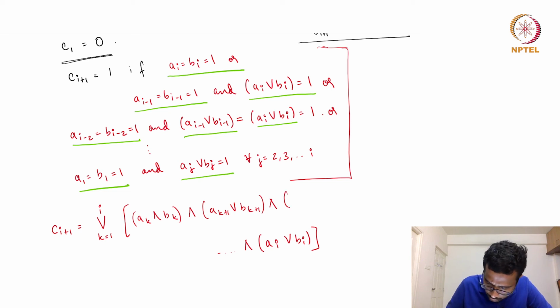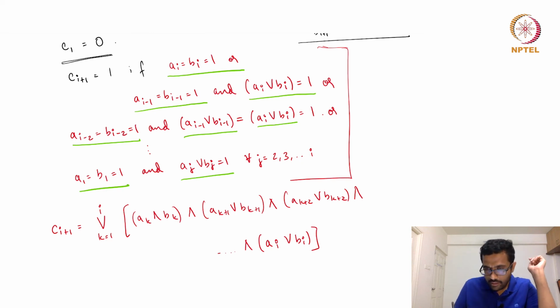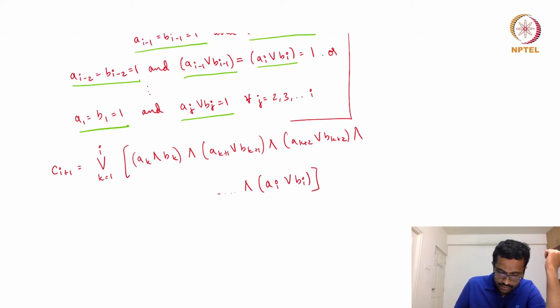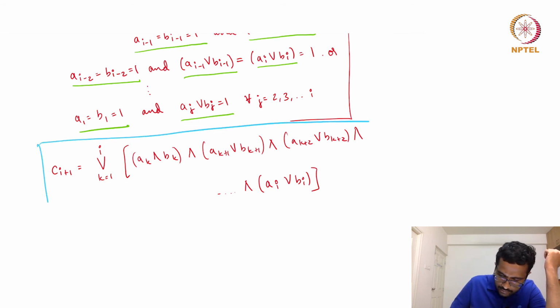So maybe I'll write one more, a(k+2) or b(k+2), and so on till ai or bi. This is when k equal to 1. When k equal to 2, it starts from a2 and b2 both being 1, and then everything from that point till i, at least one of them should be 1. Anyway, you can verify that this expression for ci, the one that I have enclosed, is the correct expression.